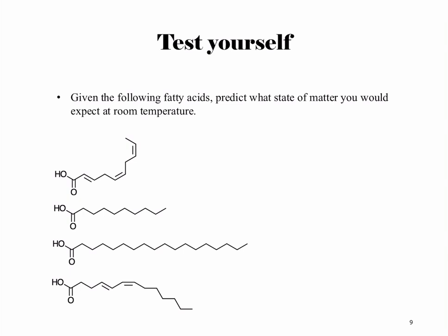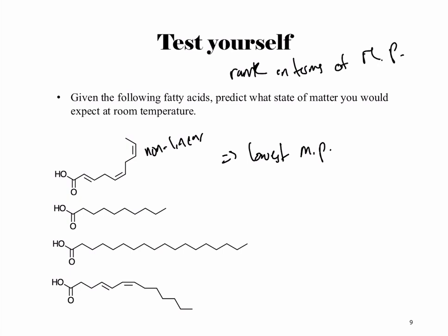We could say, well, this structure up here, the top structure, is going to be the most nonlinear, which means it'll have the lowest melting point. If we rank it in terms of melting point, this would be the lowest melting point. This would be the second lowest melting point because they're both unsaturated, but this one is more distorted at the top.